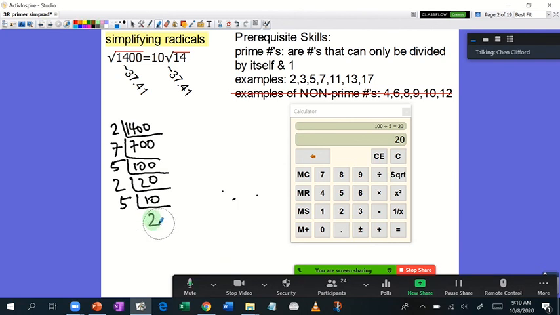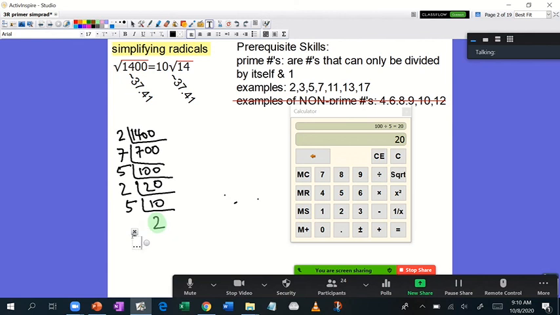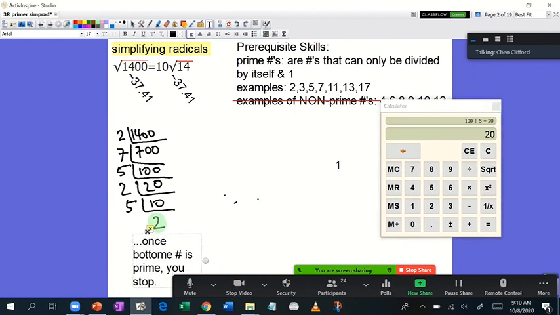Once the bottom number is prime, you stop. You stop when the bottom number is prime. Now watch this. I'm going to take this.